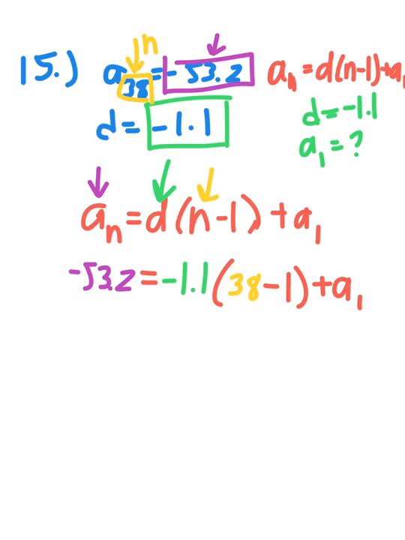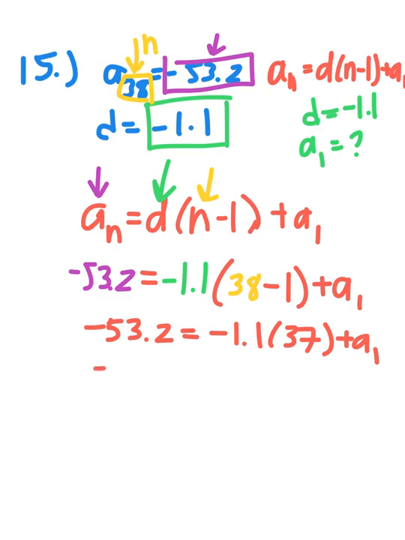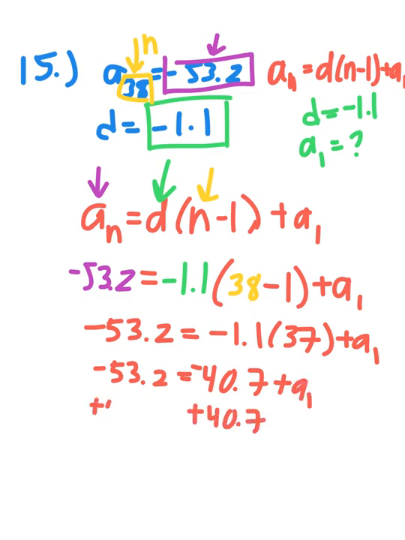And so if I do my math out, I get negative 53.2 equals negative 1.1 times 37 plus a sub 1, which gives me negative 53.2 equals negative 40.7 plus a sub 1. So I'm going to add 40.7 to both sides to get that a sub 1 is negative 12.5.